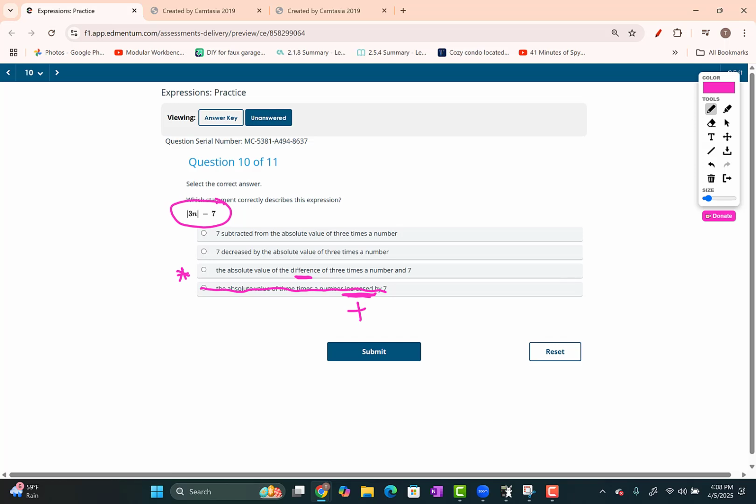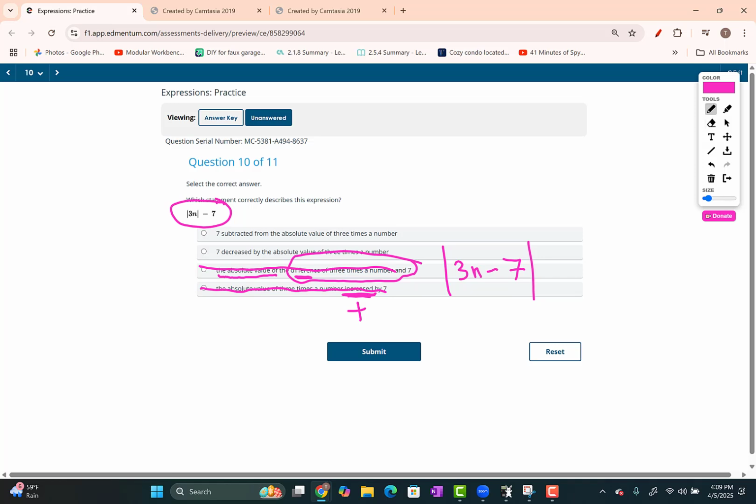So this does imply that we're taking 3 times some number, and we're finding the difference between that and 7, which is a lot like the original problem. The problem is they've got the absolute value of all of this. It's saying we're taking the absolute value of all of that. And we can clearly see we're not taking the absolute value of the minus 7.